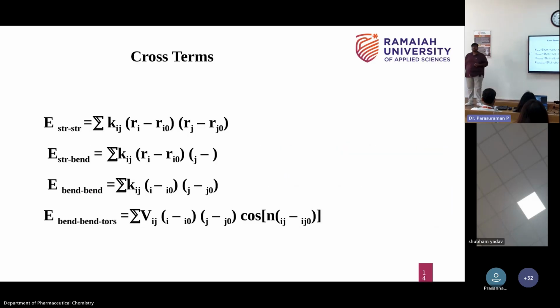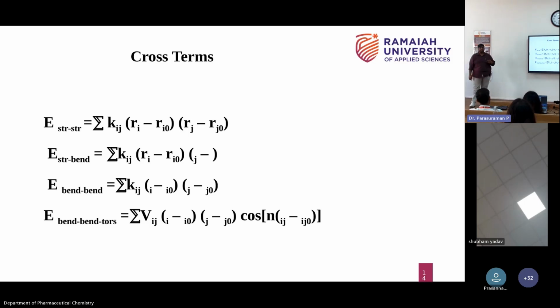Cross terms. Generally in the bonded interactions, we just saw one atom, or 3 atoms, or 4 atoms. When we stretch a molecule or bend a molecule, the atoms connected to that atom have an effect, and we need to calculate that effect also. Generally we have stretching, and that stretching will be connected to the bending. For example, if you stretch, some angle will be bent in that.